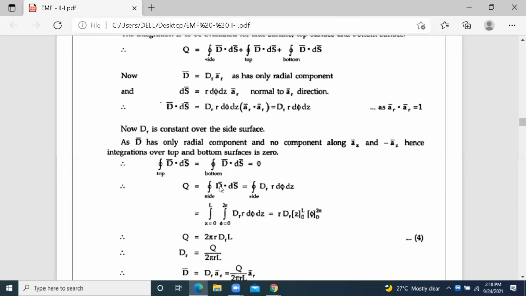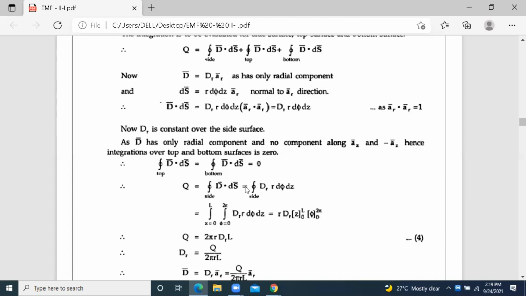So for the entire cylinder, you will simply integrate going around the cylinder and to the height. So 0 to 2π and 0 to L, whatever L is.